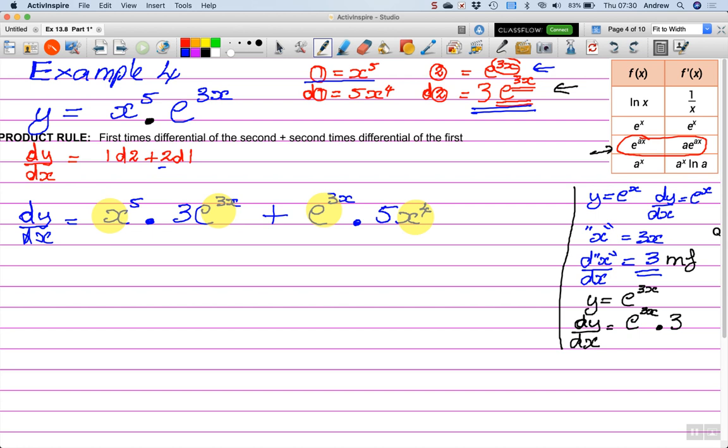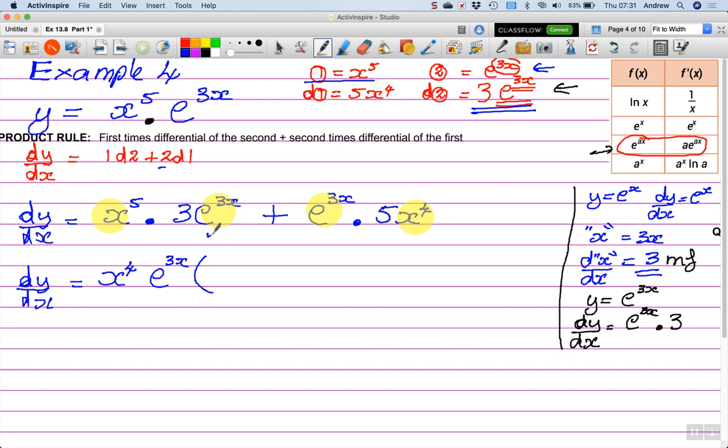So now what we have here is dy dx is equal to, well, we've already said that x to the power of 4 is a common factor. Also, e to the 3x is a common factor. So there we are, factorized it.